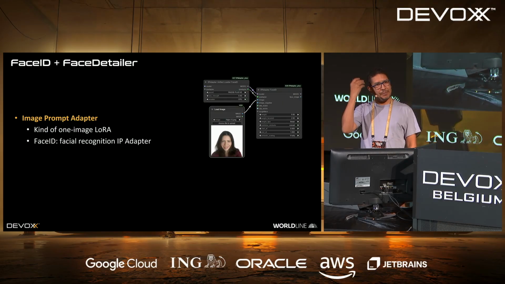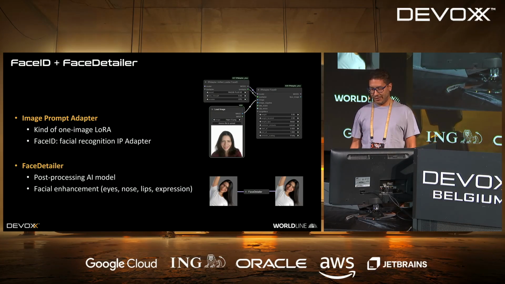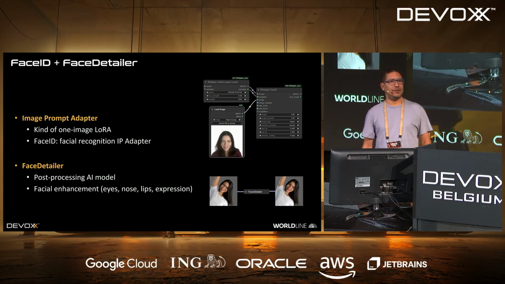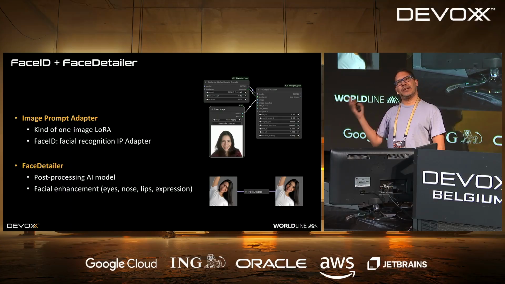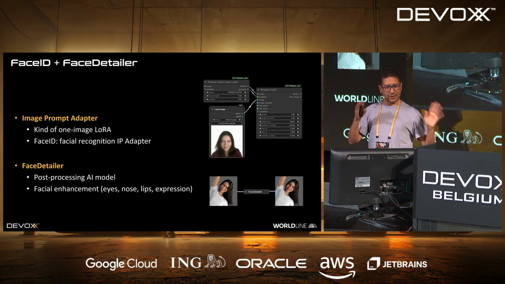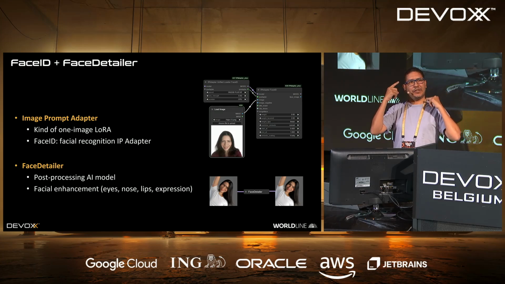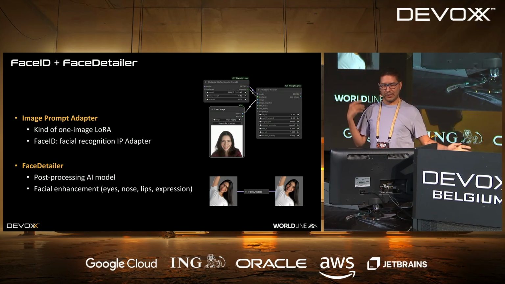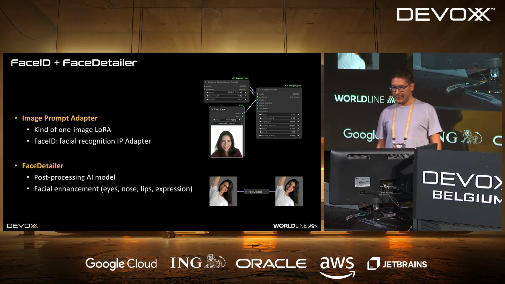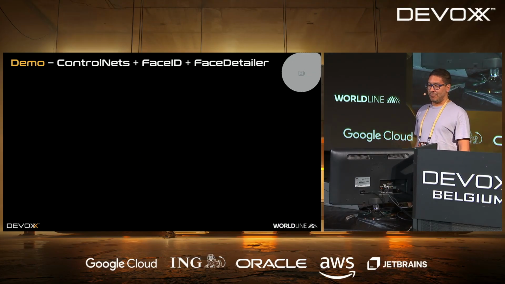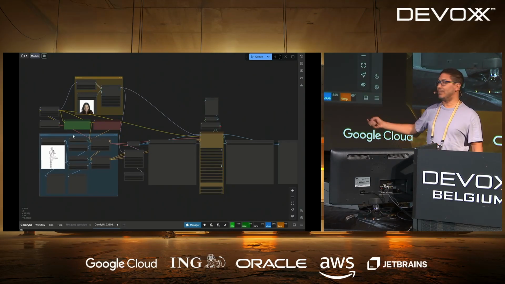And Face ID is specialized in facial recognition, right? So I also discovered, while looking for it, Face Detailer, which is a different kind of model because it's a post-processing AI model that is specifically trained to enhance facial features like nose, lips, facial expression, and stuff like that, right? So let's update the workflow, and this is the final workflow for my use case.